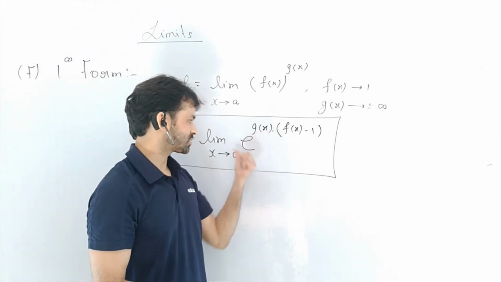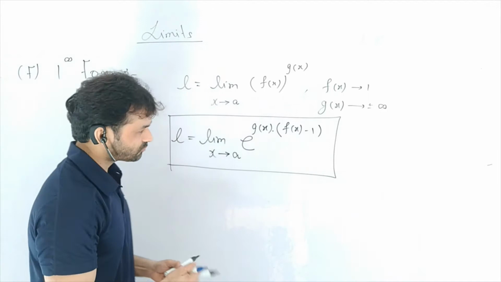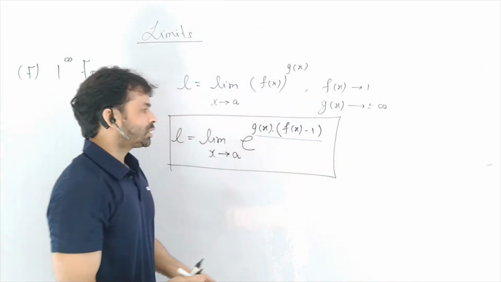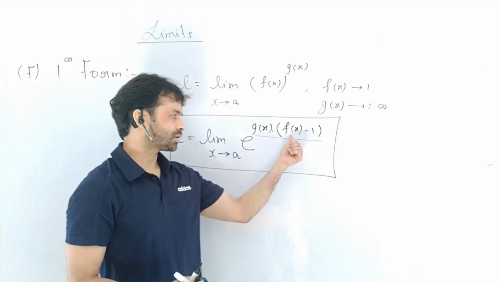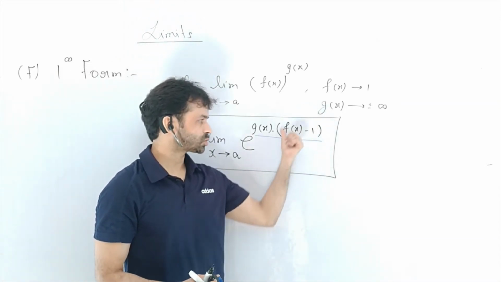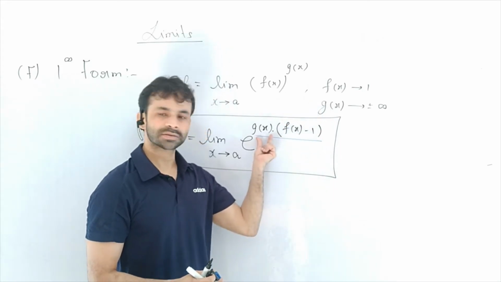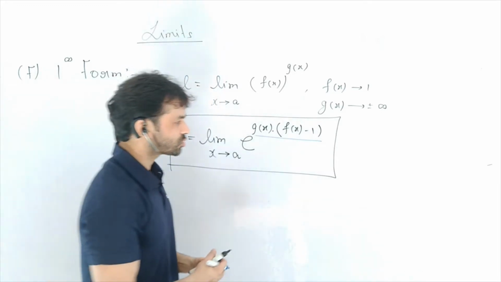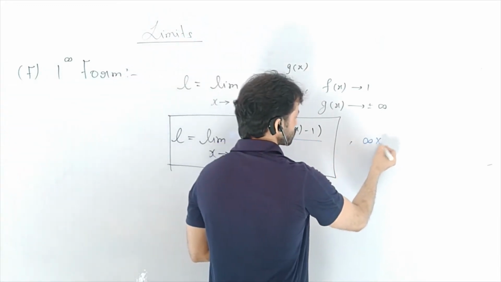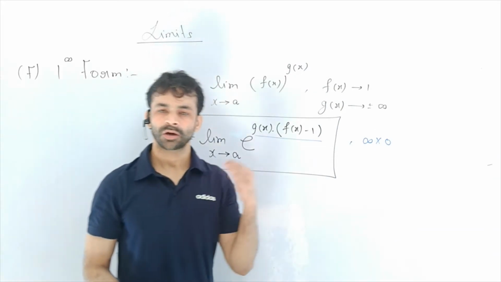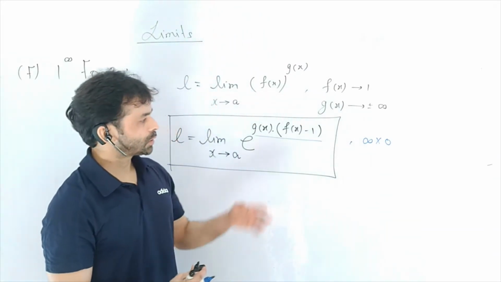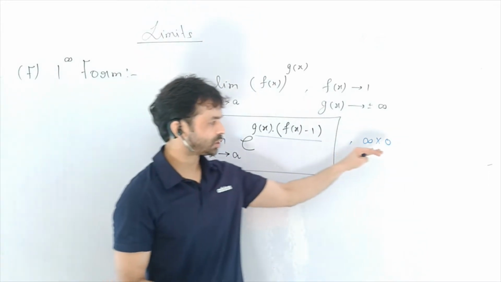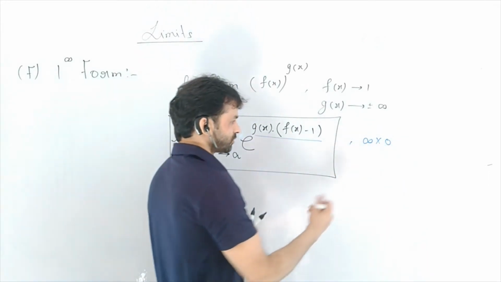This is the base e, which is fixed. You have to use the limit here, and you can use any method. Since f(x) is tending to 1, 1 minus 1 will tend to 0, and g(x) is tending to infinity, so you have the infinity into 0 form, which you can solve easily. You have factorization, rationalization, and you can even use L'Hopital by converting into 0 by 0 or infinity by infinity form.